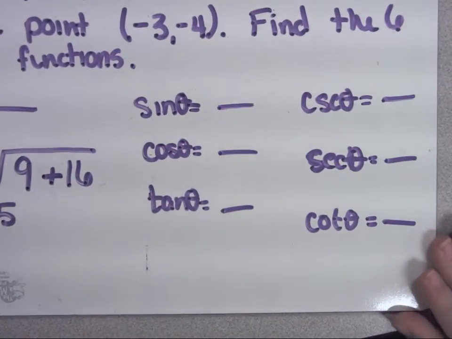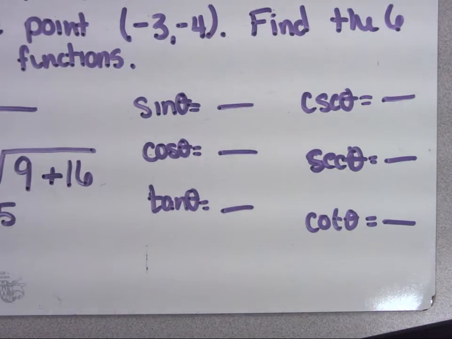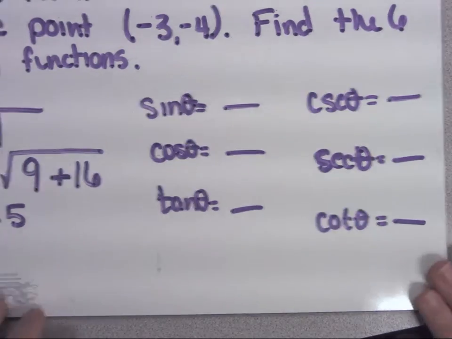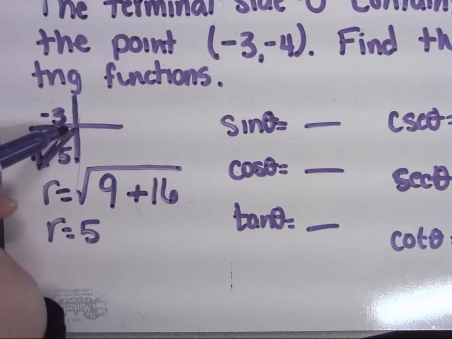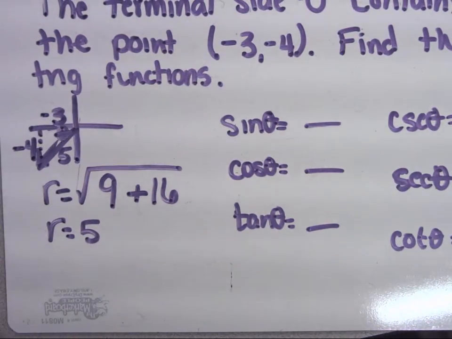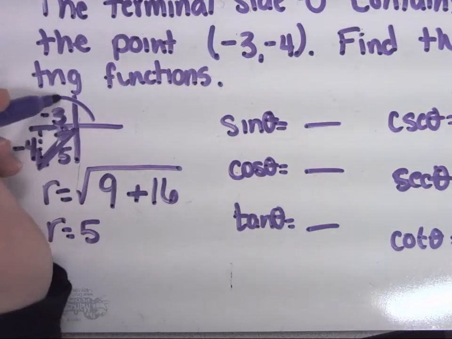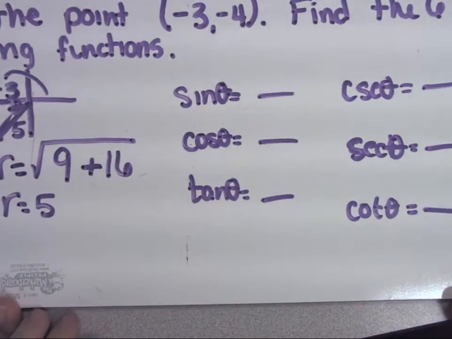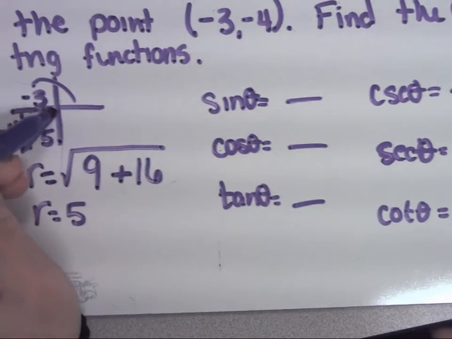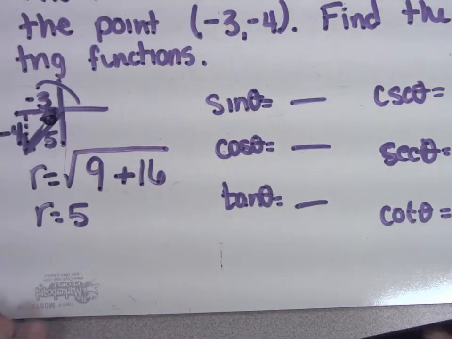The theta sign will always be in the corner closest to the origin. Always. Technically, it goes all the way around, but it's always in the corner closest to the origin. It's in that little point. It's all in this spot right here. Every single time.